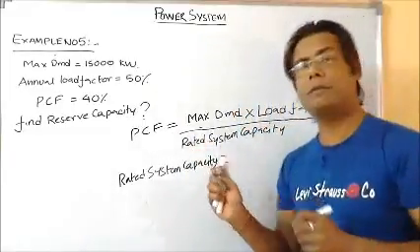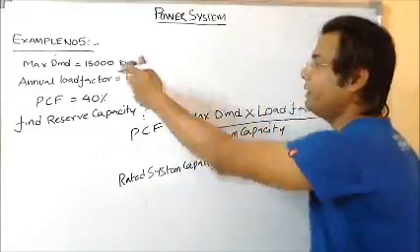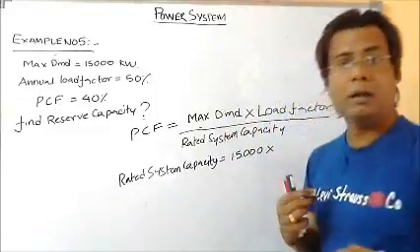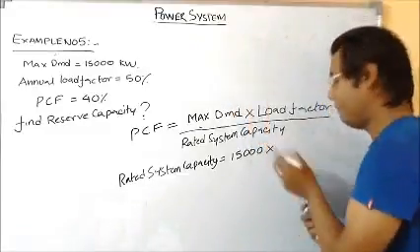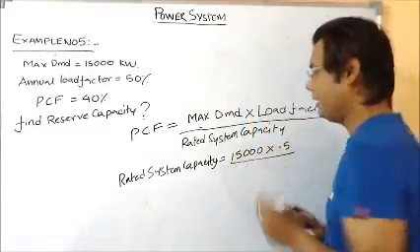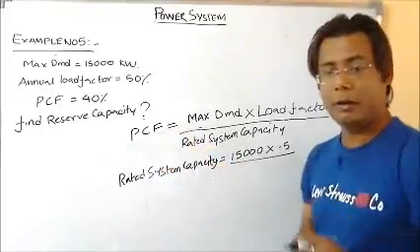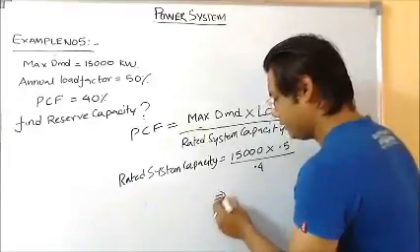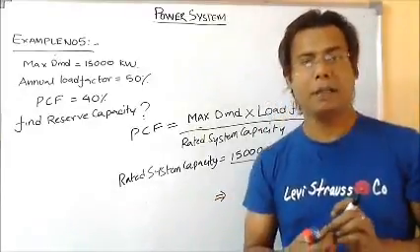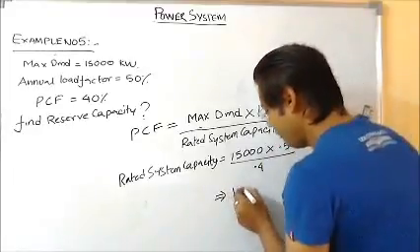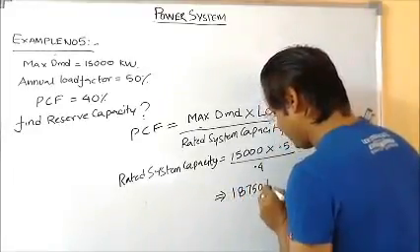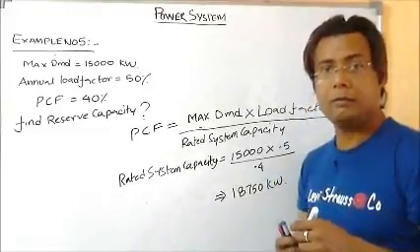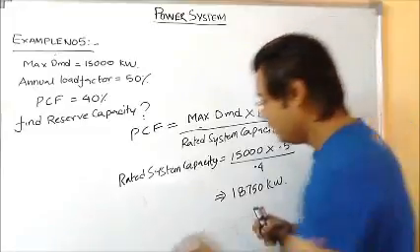The rated system capacity from this formula would be maximum demand, which is 15,000 kilowatt, multiplied by my load factor, which is 50%, that is 0.5, divided by the plant capacity factor, which is 0.4 or 40%. So the rated system capacity from this is 18,750 kilowatt. Again, we have to find the reserve capacity.